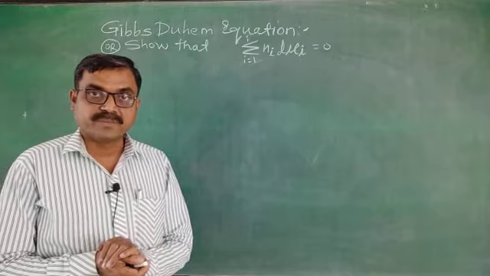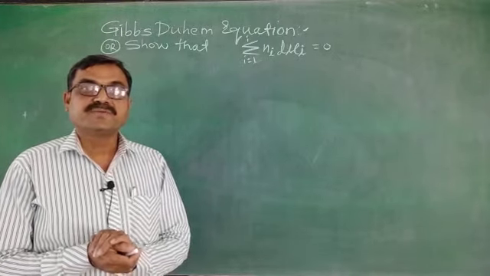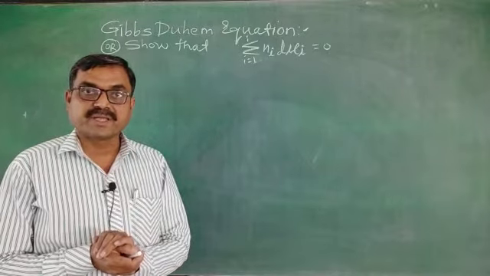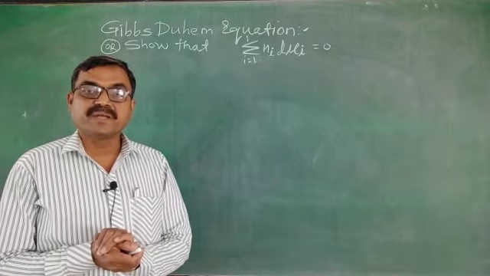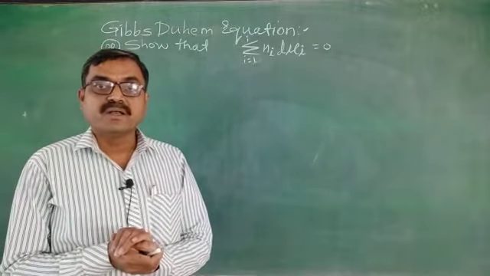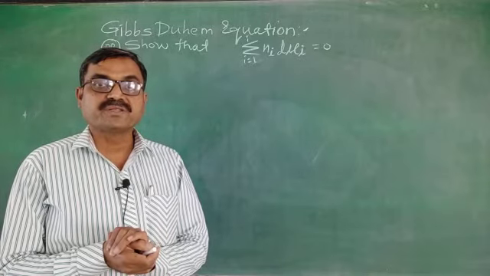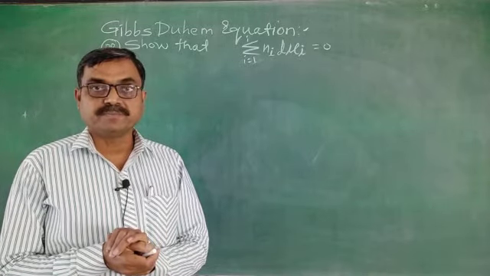components of the system. This Gibbs free energy G is an extensive property not only due to the pressure and temperature, but also due to the number of moles of the constituents present in the system.